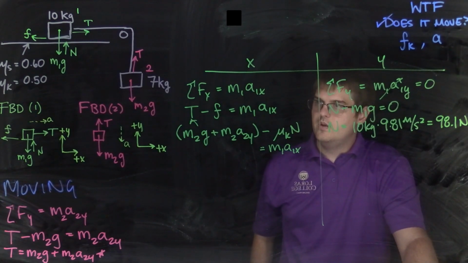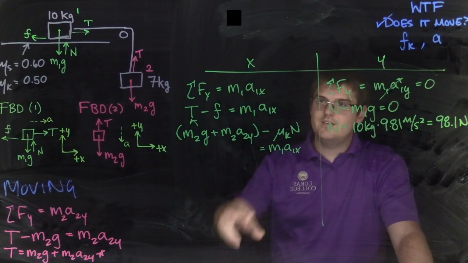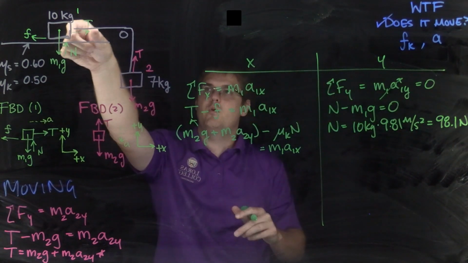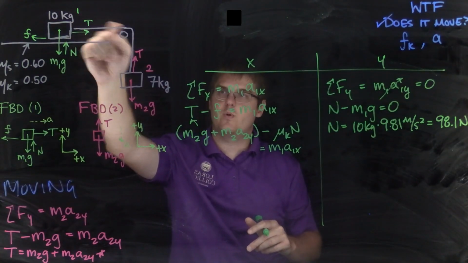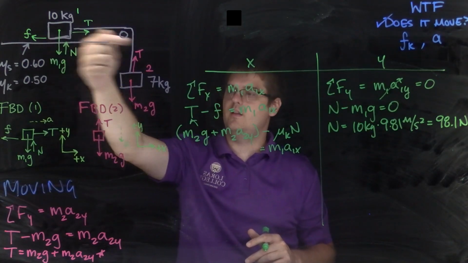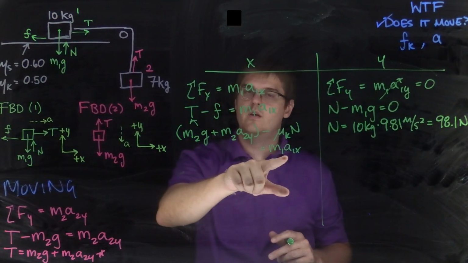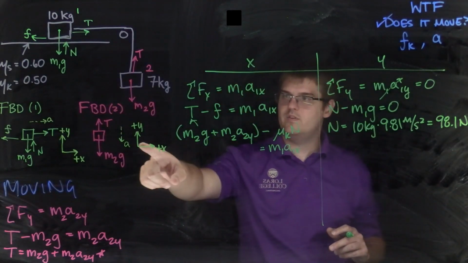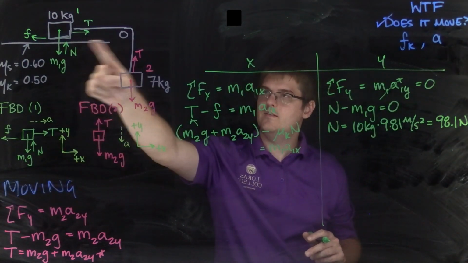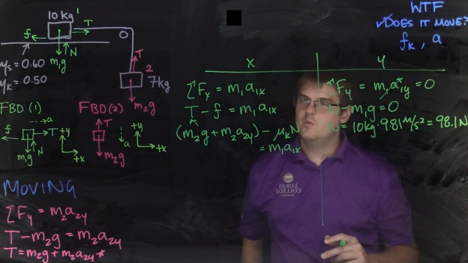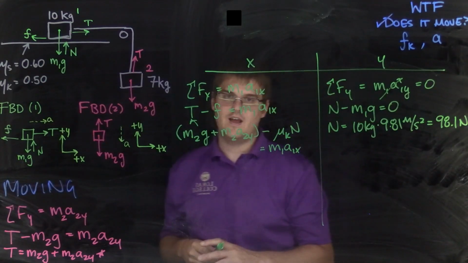Well, what's happening here is these guys are actually related to each other. We talked about it before. If we're moving our line 1 inch to the right, this is going to move down. So acceleration in the x is just going to be acceleration in the y. Except we set it up so when this acceleration is positive, this acceleration is negative, which means I'm going to have to mess with some signs here.